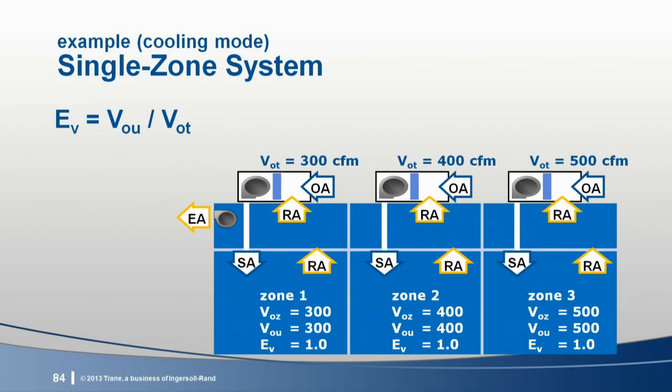But if you're comparing the use of three separate single-zone systems to 100% outdoor air or a multiple-zone system, you really should look at the overall building when making the comparison. For our three-zone example, the total outdoor air intake flow for these three systems is 1200 CFM. Again, with an uncorrected outdoor air intake of 1000 CFM for this building, the combined system ventilation efficiency is 83% when using single-zone systems.